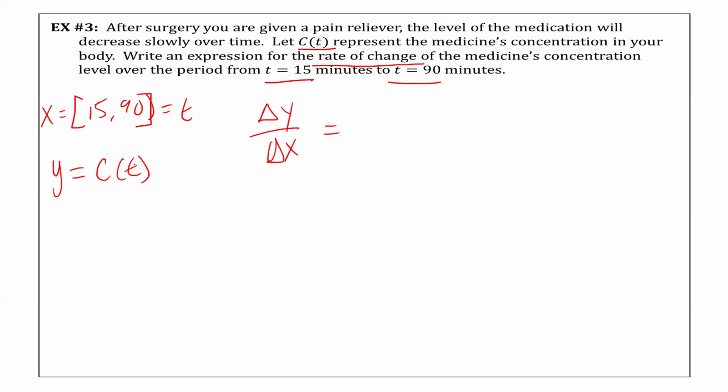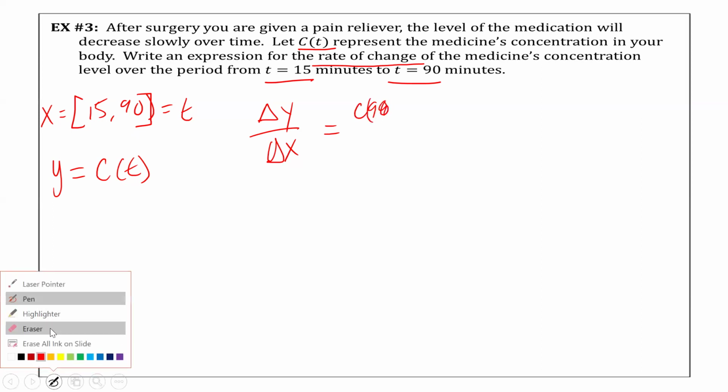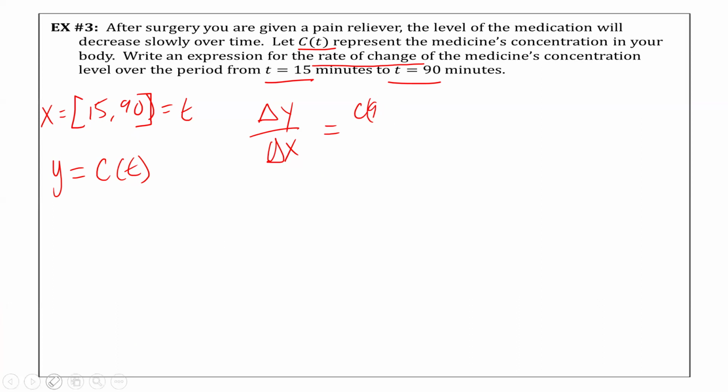Well, we have if T is 90 and if T is 15, correct? So we have C of 90 minus, because we need the change. Change means I'm subtracting. C of 15 over 90 minus 15.